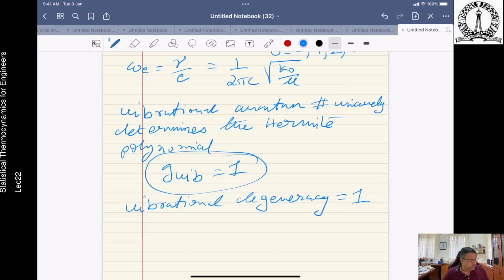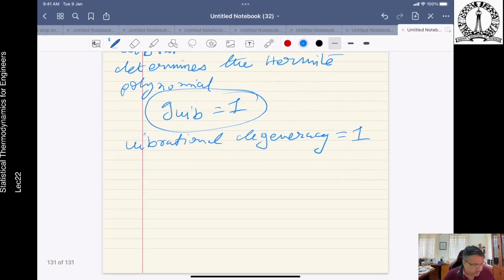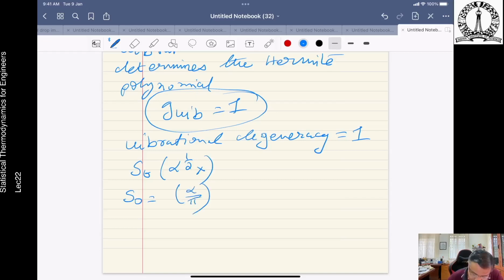Okay, so if you look at now a few of these vibrational solutions, the solutions of psi_V, alpha to the half into x. S naught will be alpha by pi to the 1/4 exponential minus alpha x squared by 2.